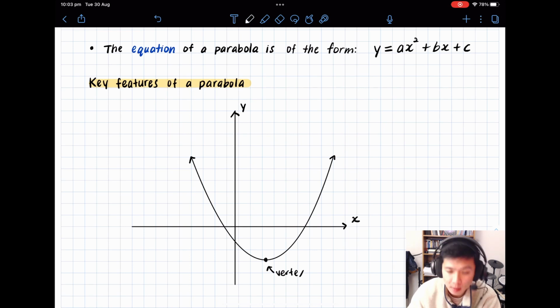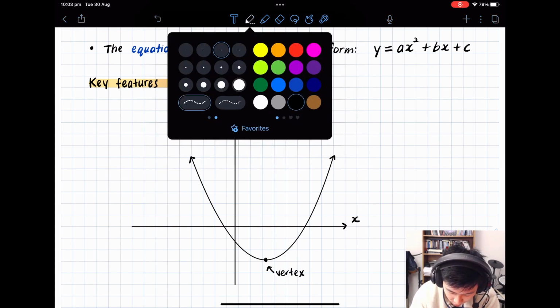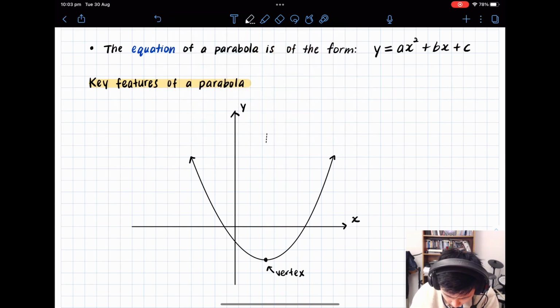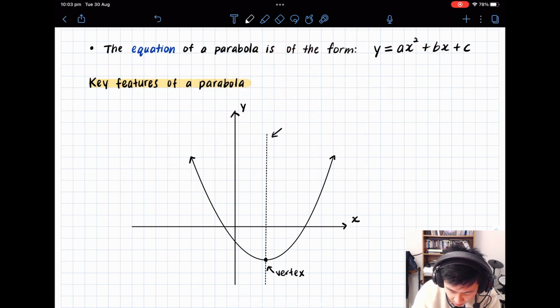The vertex is the valley, the lowest point of the parabola. It turns out that this vertex lies on this line, and this line is what we call the axis of symmetry.